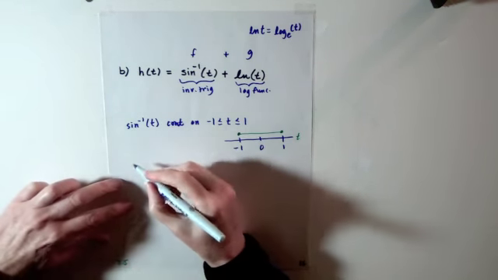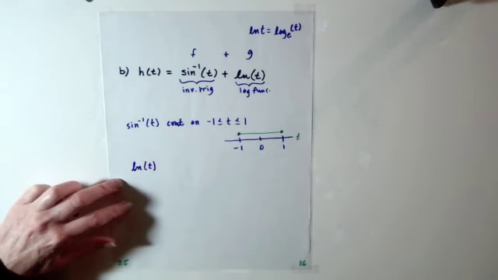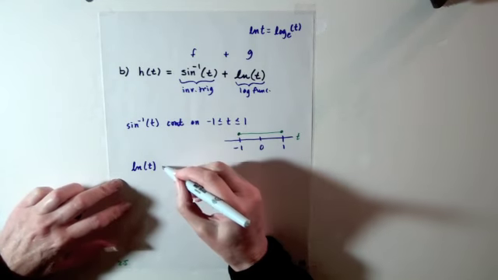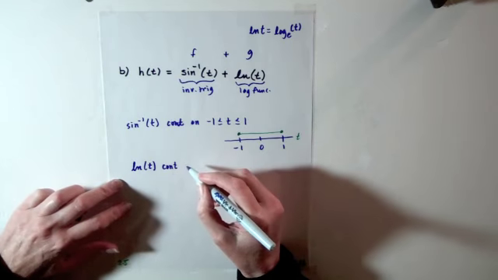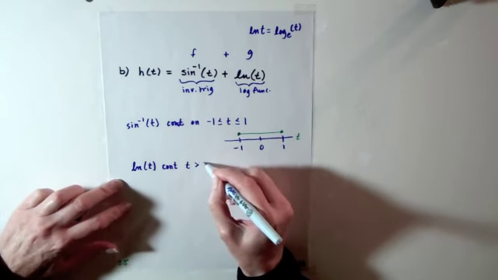Now we can consider ln of t. It is a log function, and we said all log functions are continuous everywhere on their domains, and the domain of any log function is going to be t values that are greater than 0.